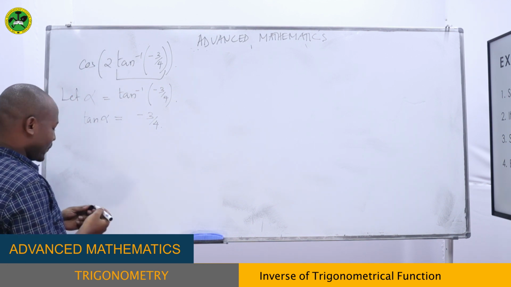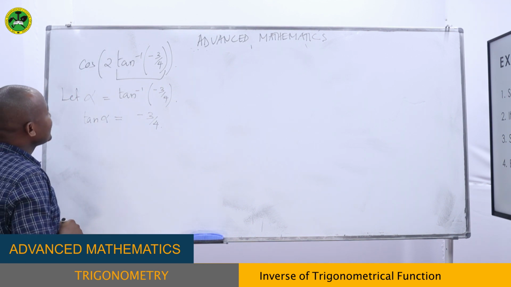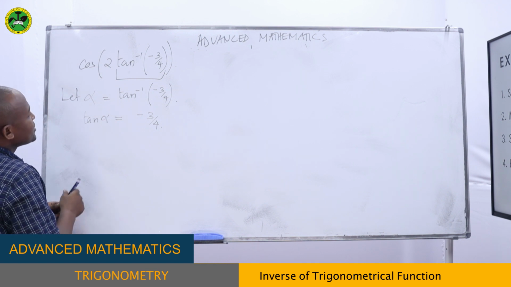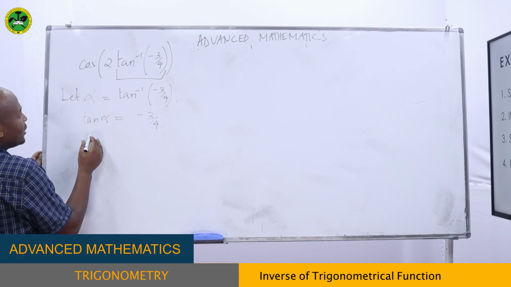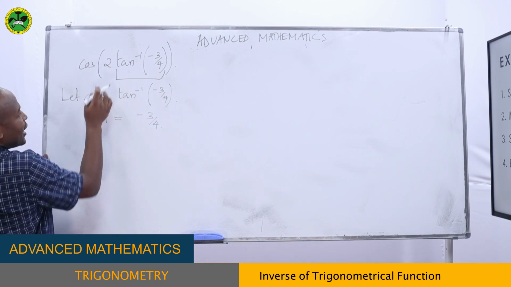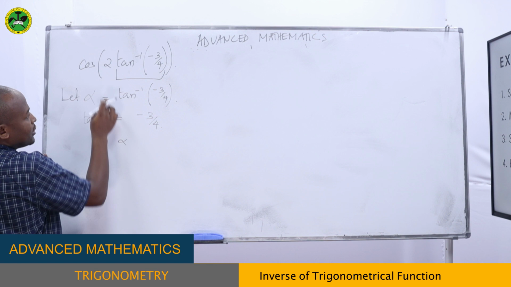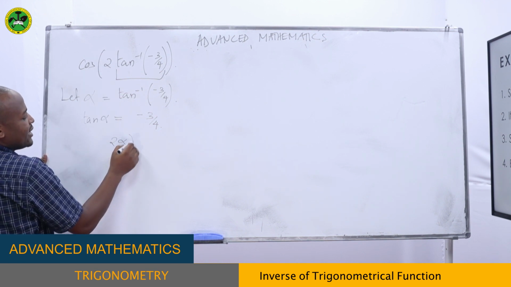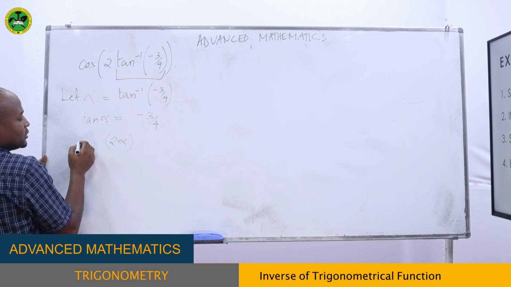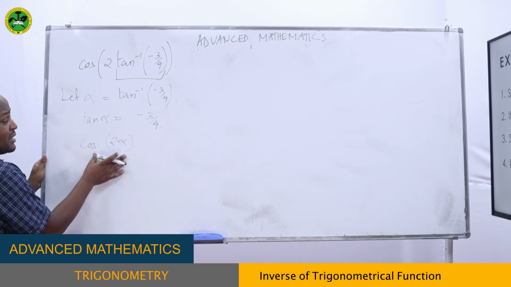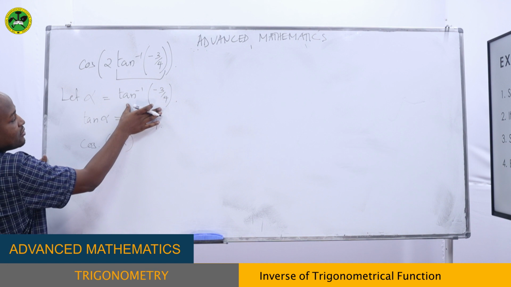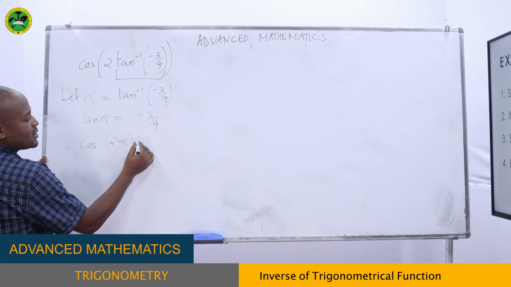If that is the case, that will be cos of 2 alpha, because alpha is the tan inverse of that. That means we can open that.